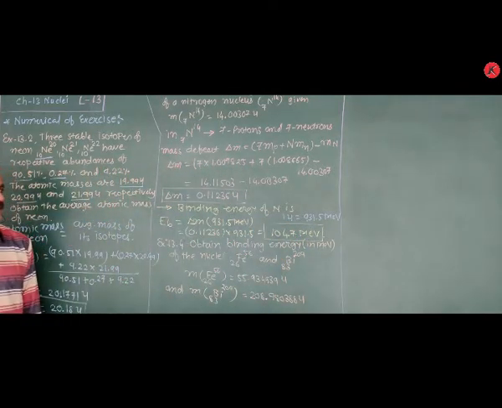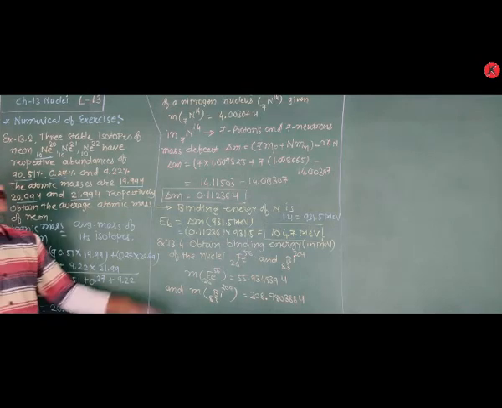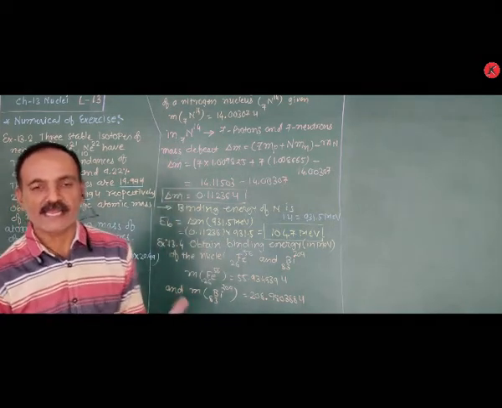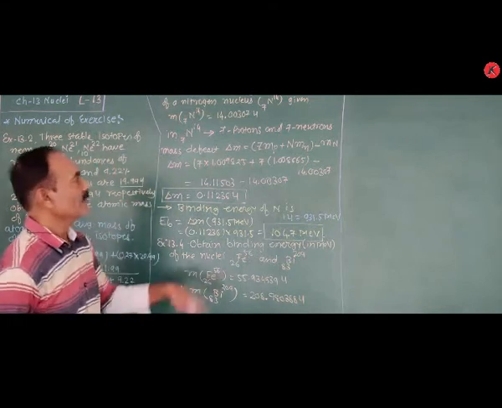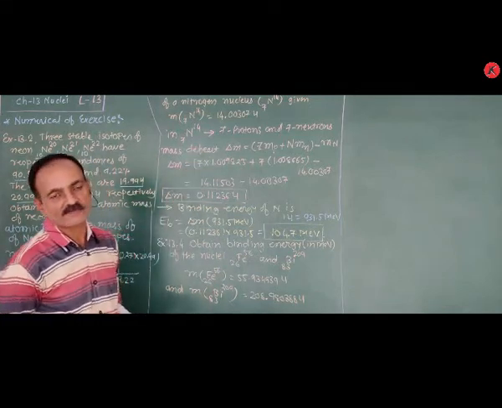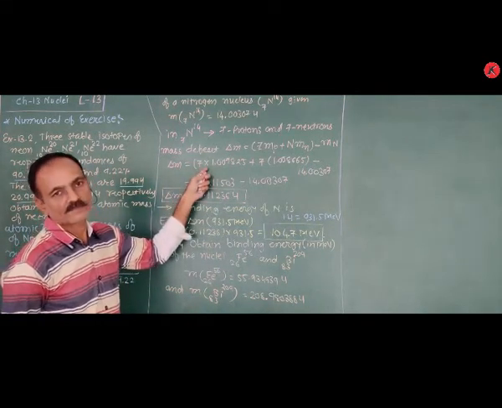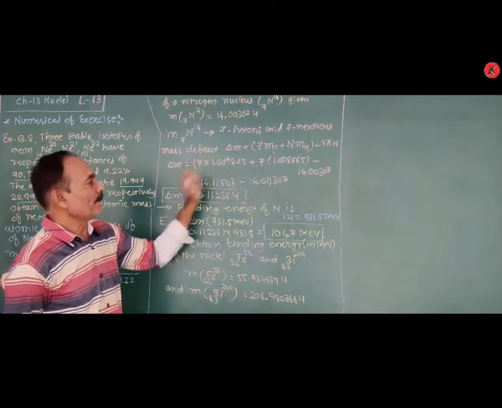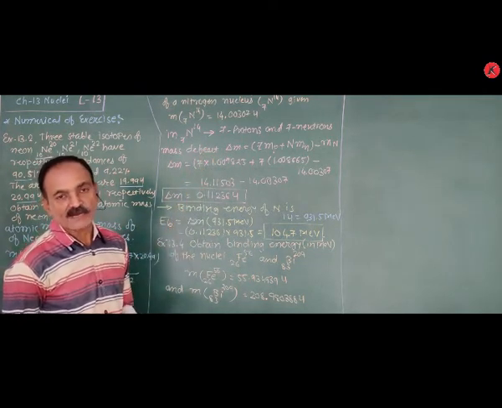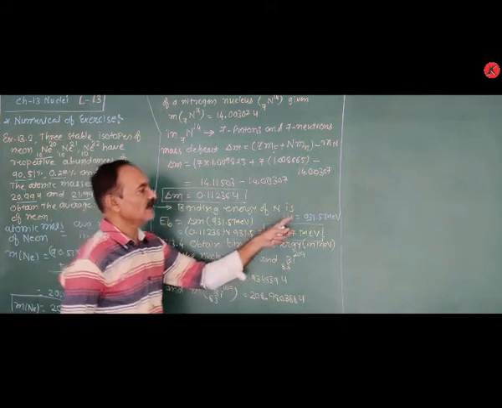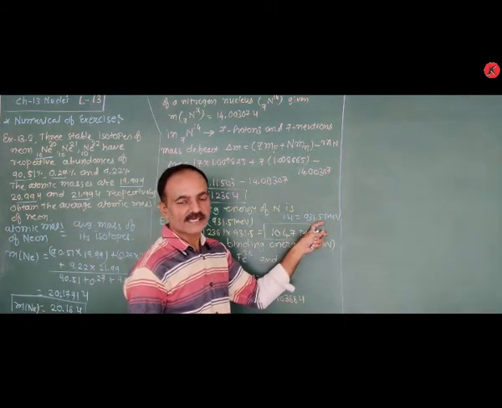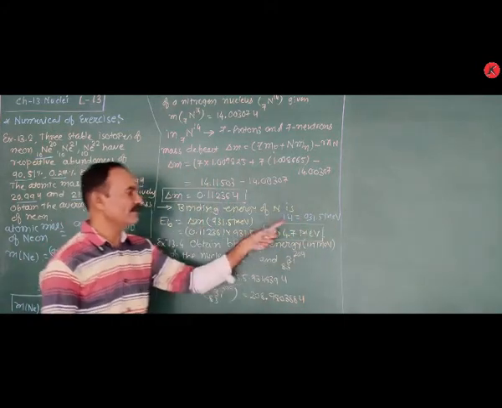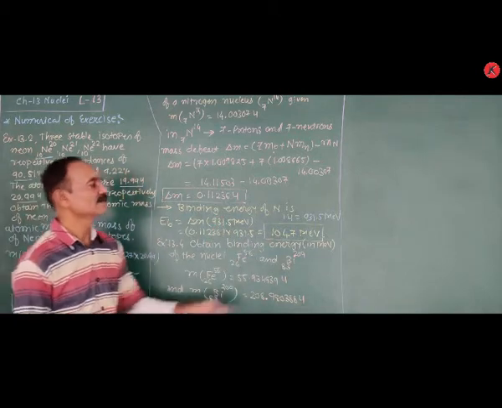To find the binding energy of any atom or nucleus, first we have to find the mass defect of this atom. After finding the mass defect in atomic mass unit, we have the relation one atomic mass unit is equal to 931.5 MeV. We already obtained this relation in the illustration.